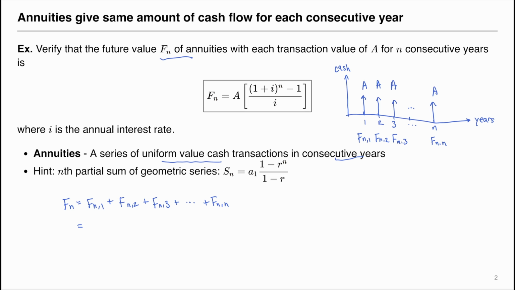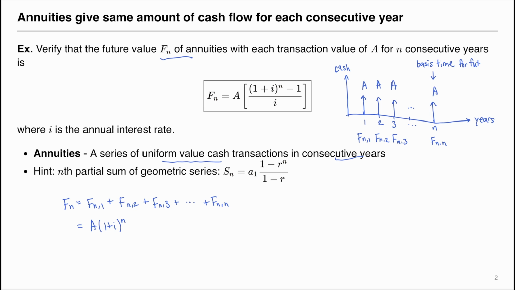For the first year, remember that the money will have its time value. So if we have a compound interest with annual interest rate of I, then we will have the original value A multiplied by the compound interest (1 + I)^n, because it has n years. Let's suppose that we set the nth year as the basis time, because we want to find the future value.